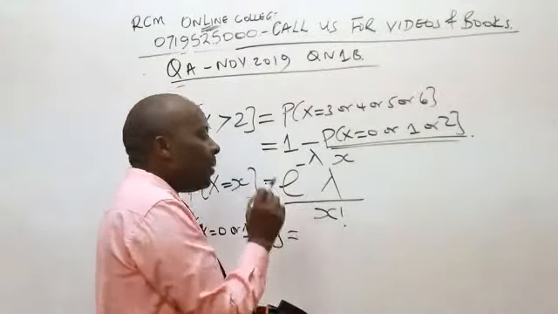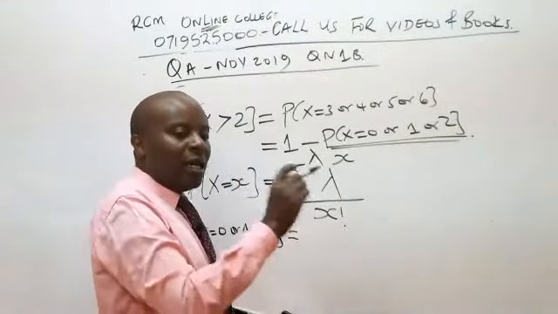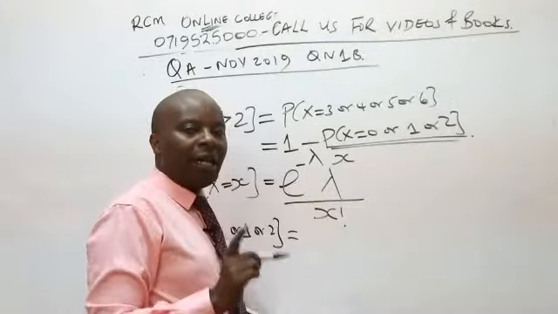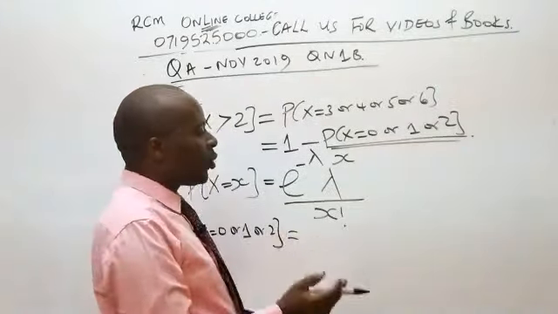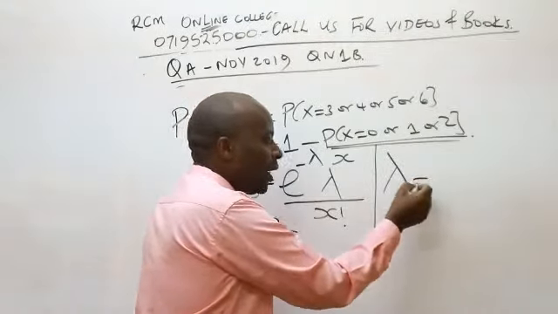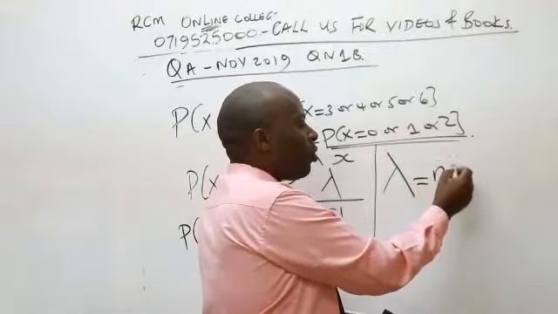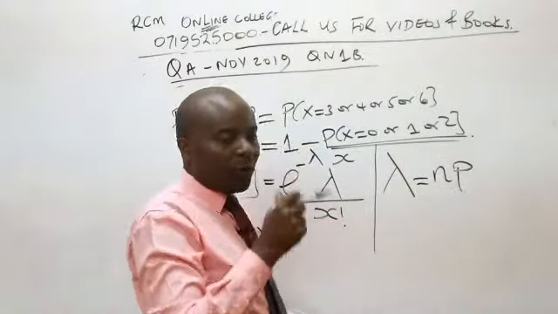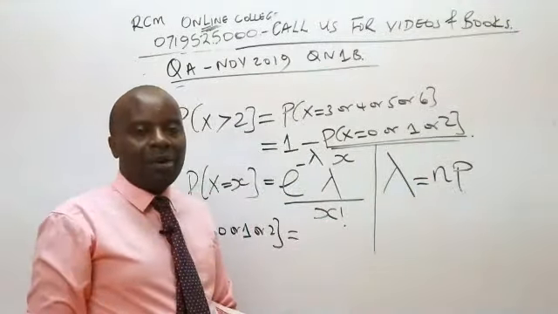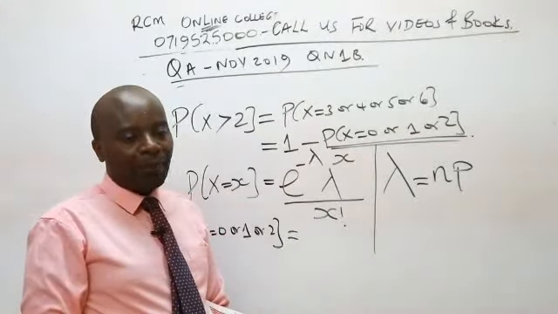So the probability of x equals 0 or 1 or 2 using this Poisson will be equal to e raised to negative lambda. Remember that lambda is the mean. In this question, they never gave us the mean. Remember, in our normal class, we said whenever the mean is not given, to get lambda, we normally talk of NP.